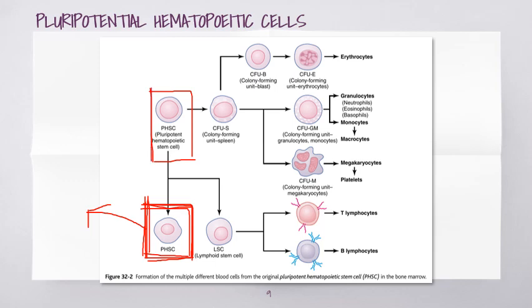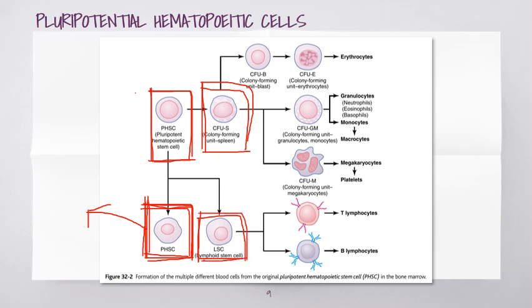So after this is acted upon by our signaling pathways, it becomes committed. Okay, so when it becomes committed, it can either be CFU-S, colony forming unit in the spleen, or an LSC, a lymphoid stem cell. So that's the first committed line that we will see in the body.